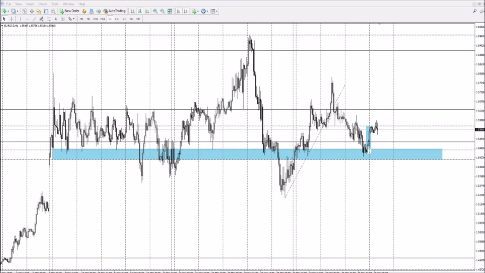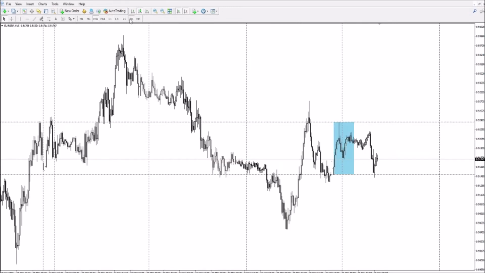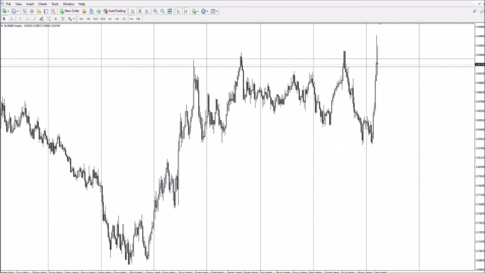Euro pound also. If we go to the higher time frames, this price action here, you see the rejection of this level, failure to close above it. So at the moment it's stuck between two levels, this level here. So I'm on the sidelines with this until it either breaks this or breaks back above to take out this high.